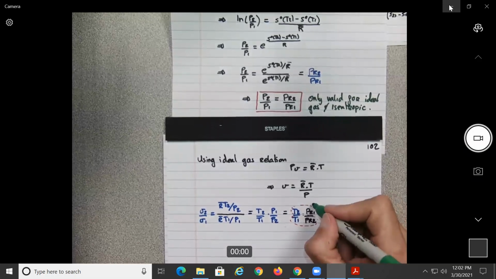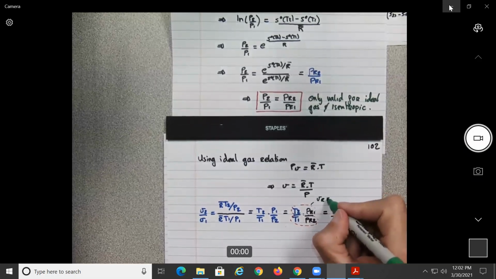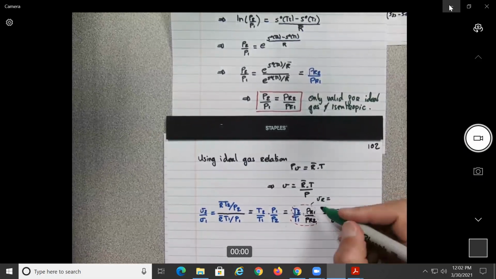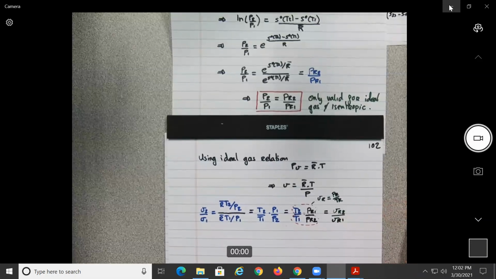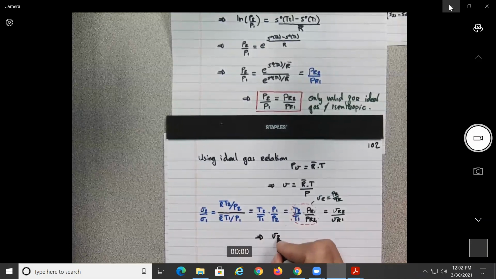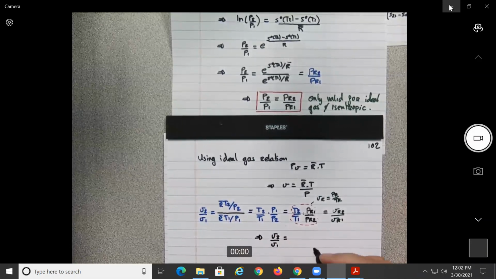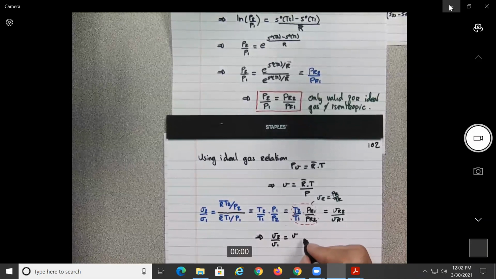So basically V sub R is equal to PR over TR, no? It doesn't matter. What matters at the end is that V2 over V1 will be equal to VR2 over VR1.